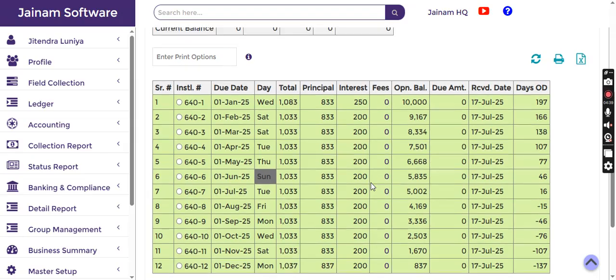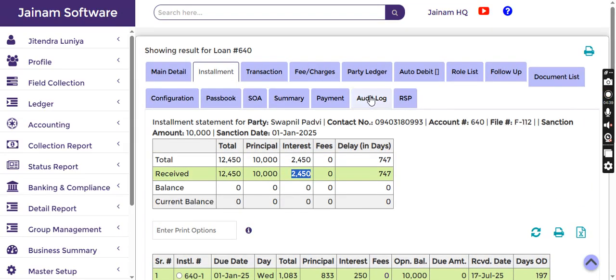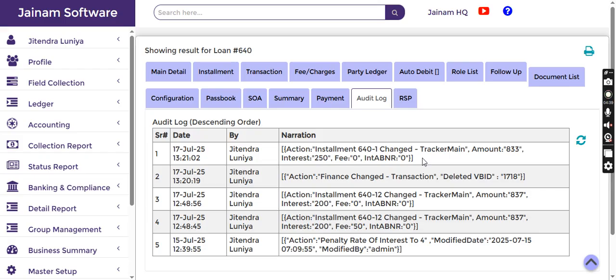Now why this 2450? Let's understand the interest. This means interest might have been modified somewhere. For that you need to understand the audit log, and the audit log also says that installment 640 changed and interest 250. That means this installment is modified.